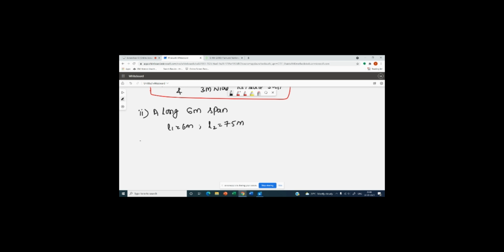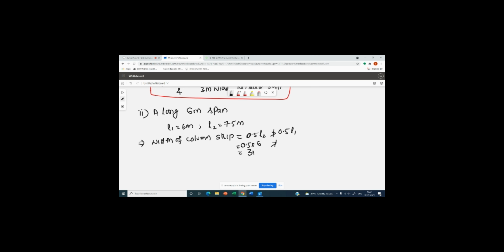Taking this into consideration, we'll find the width of the column strip following the IS 456 recommendation. It says that the width of the column strip shall be equal to 0.5 L2 but not more than 0.5 L1.